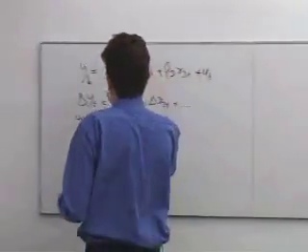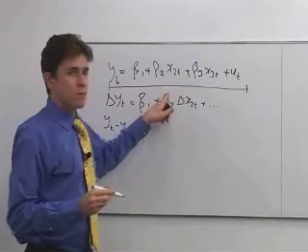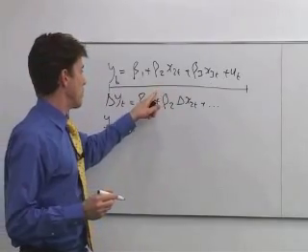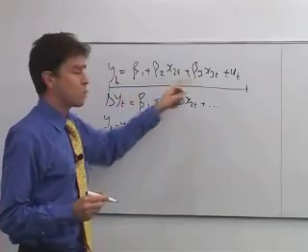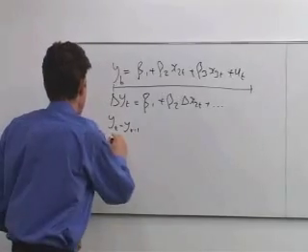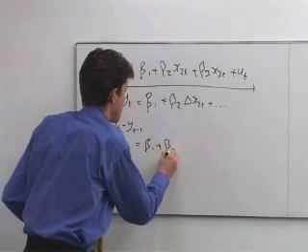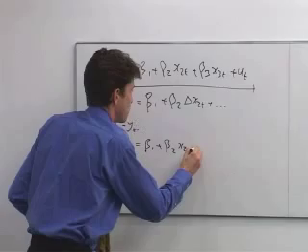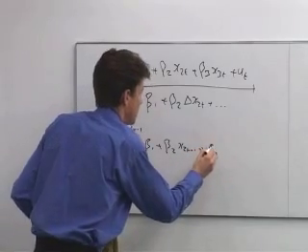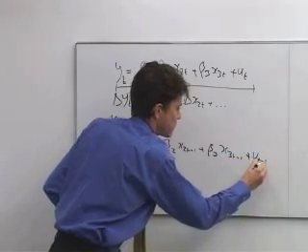If this was our original regression model, I could take this model and lag it by 1 period. That is, I could subtract 1 from all of the time subscripts. The equation would then be y_{t-1} equals beta 1 plus beta 2 x2_{t-1} plus beta 3 x3_{t-1} plus u_{t-1}.